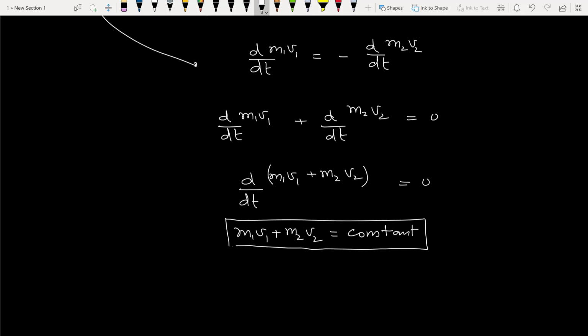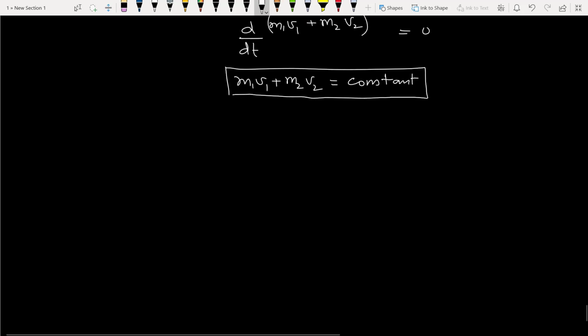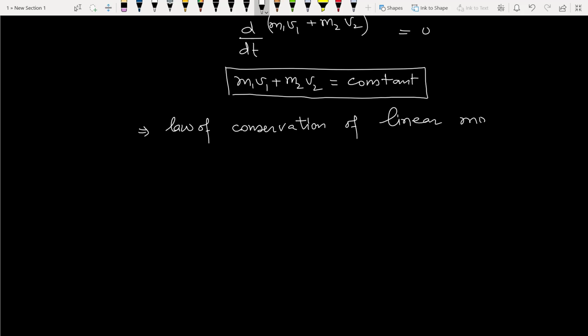Conversely, if the derivative of a quantity is 0, then it must be constant. So it implies that the law of conservation of linear momentum is also established.